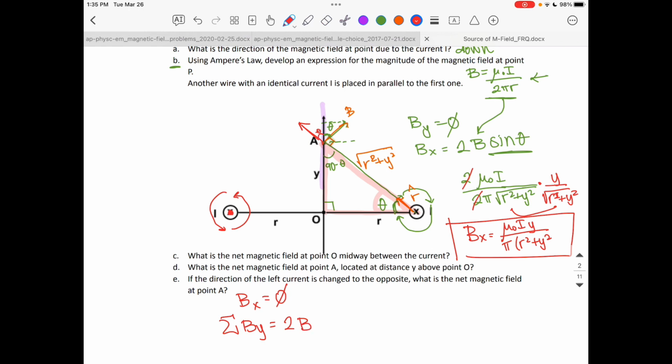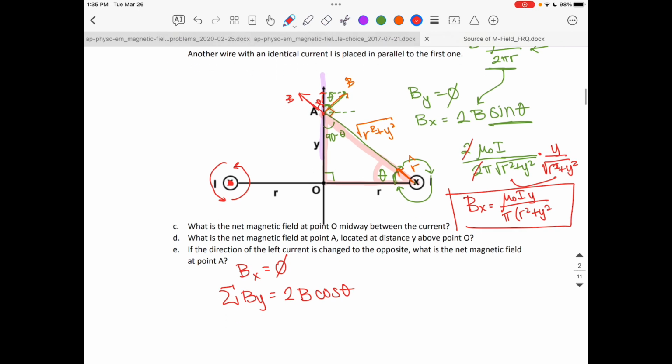This is still theta, but now we want the y component. So this component right here, which is adjacent over hypotenuse, that's cosine theta. So I'm going to do the same thing I did. 2 times mu naught I over 2 pi. R is the square root of r squared plus x squared. And then cosine of my triangle is adjacent over hypotenuse.